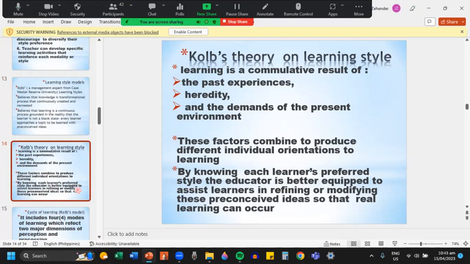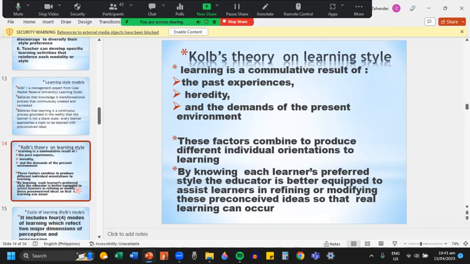So in his theory on learning styles, Kolb stated that learning is a cumulative result of the past experiences, heredity, and the demands of the present environment. So these factors combine to produce different individual orientations to learning.